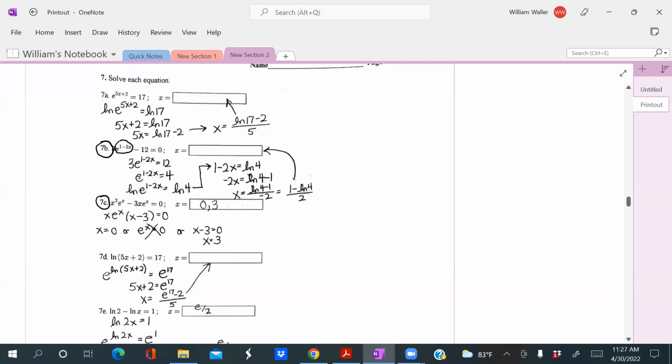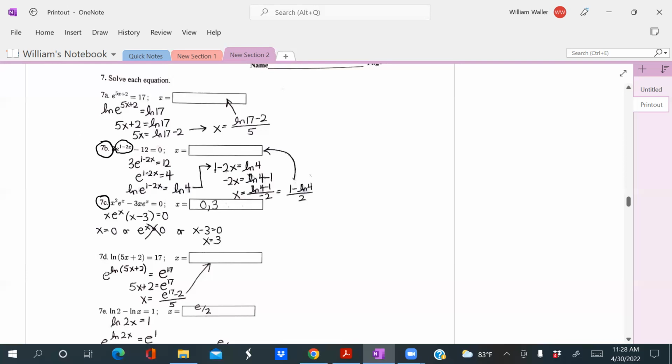Now that's in a position where you can apply the inverse of the natural exponential function, which is the natural log function. So we apply the natural log to both sides of the equation. Since natural log and exponential functions are inverses of one another, they cancel.